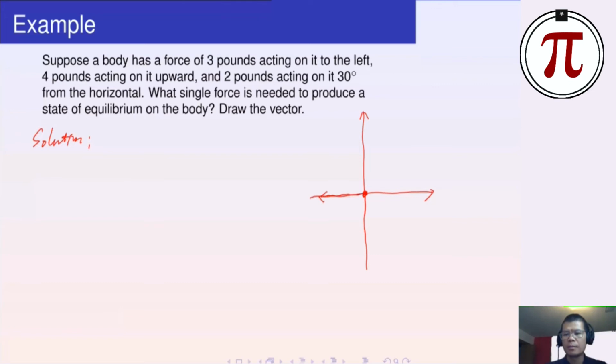So this amount 3, correct? Direction. 4 pounds acting upwards, somewhere here. And then acting at 30 degrees from the horizontal. So 30 degrees means counterclockwise from the x coordinate. Let's say that this doesn't look like 30 degrees.